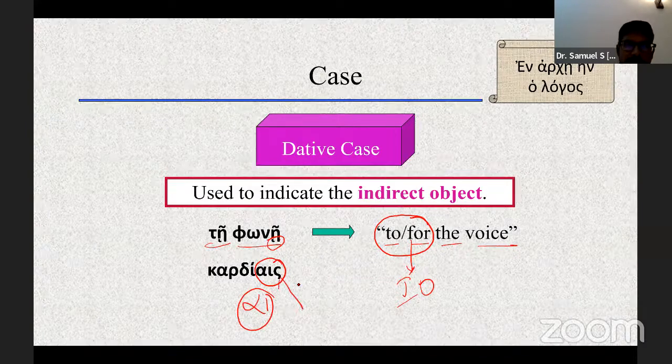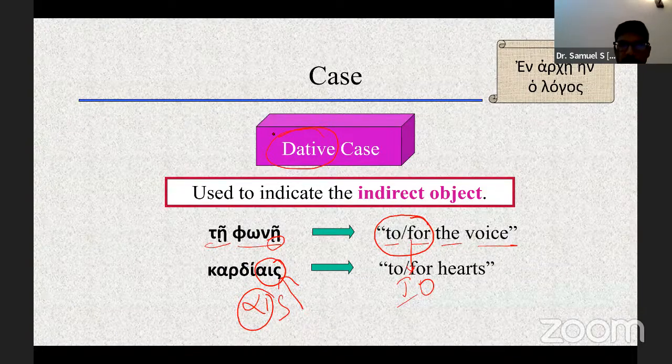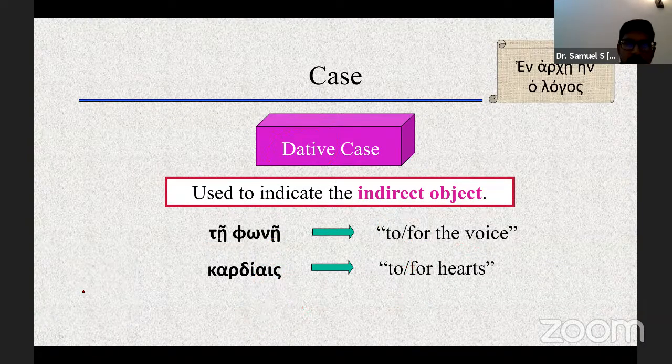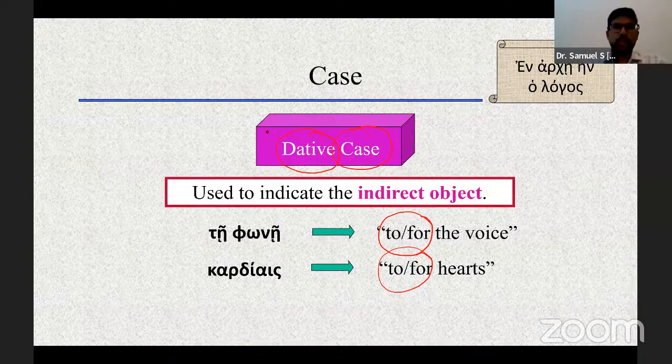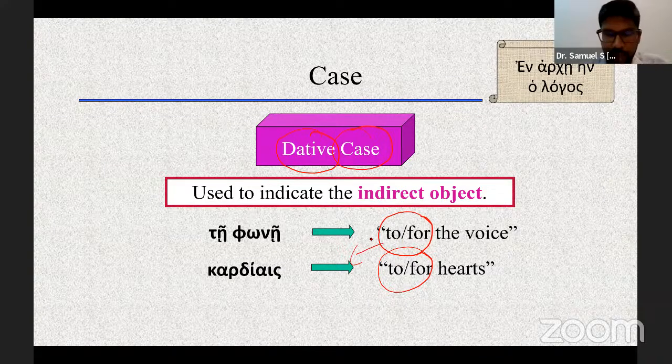But when it's cardiais, with the sigma added at the end, it's the dative case. And this would be translated "to or for hearts." So anytime you want to translate the dative case noun into English, you would use "to or for" generally.